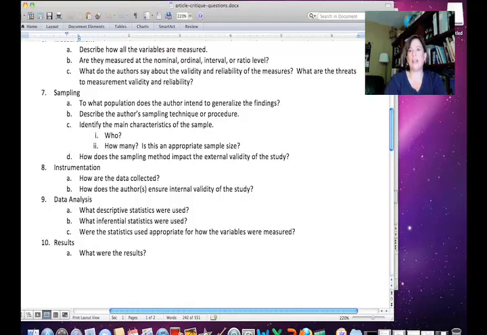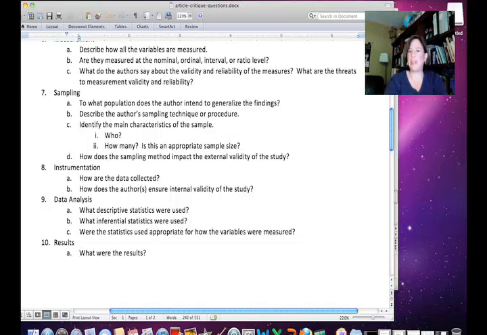If I'm taking a sample of currently enrolled students at the college, then the population to which I'm trying to generalize the findings is all currently enrolled students at the college. I could even take that a step farther and say I'm really trying to generalize to all college students.